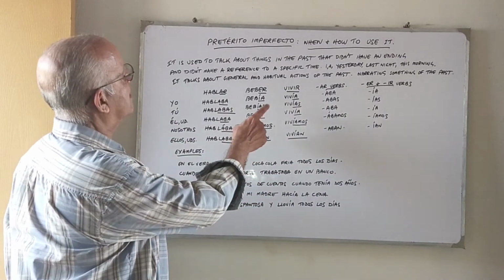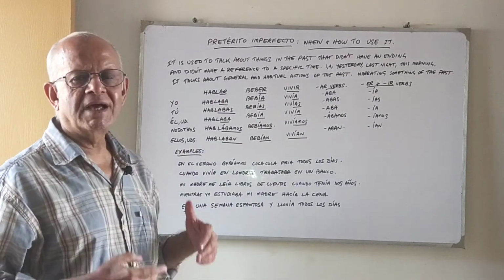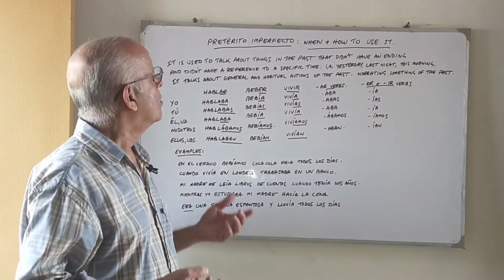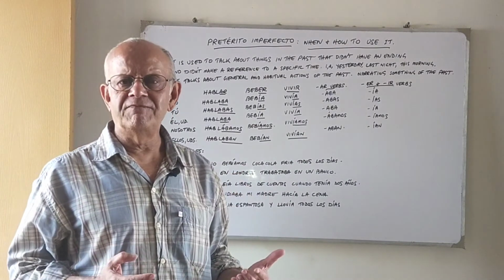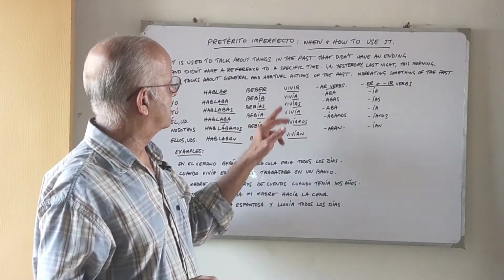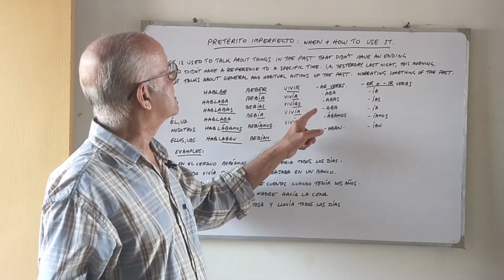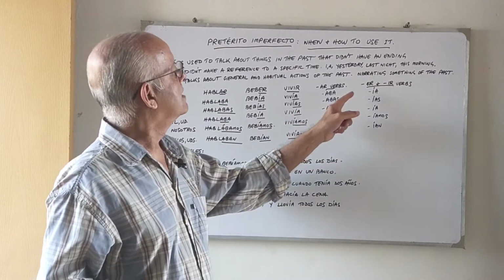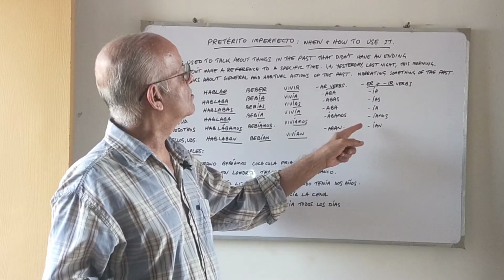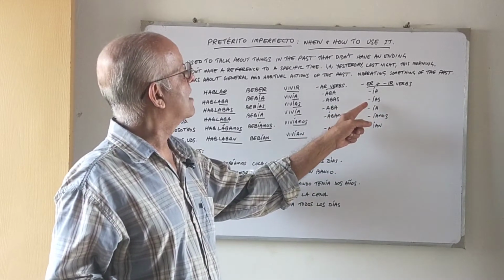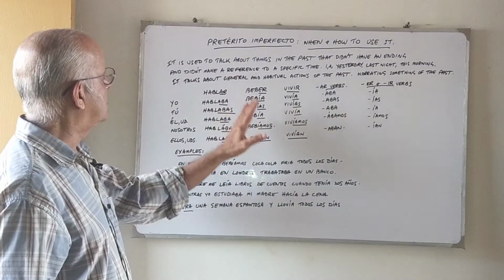So the formation becomes yo vivía, tú vivías, él vivía, ella vivía, usted vivía, nosotros vivíamos, ellos vivían, ellas vivían and ustedes vivían. So these are the endings: AR verbs, aba, abas, aba, ábamos and aban. ER and IR verbs, ía, ías, ía, íamos and ían. Note there's an accent mark on the I, on all the I's. So these are the formations.